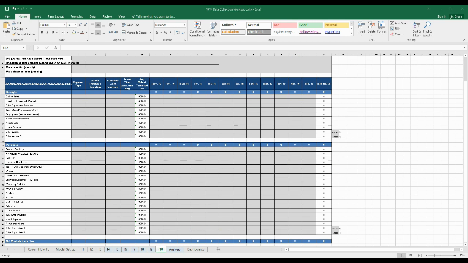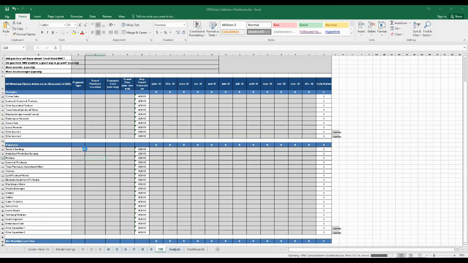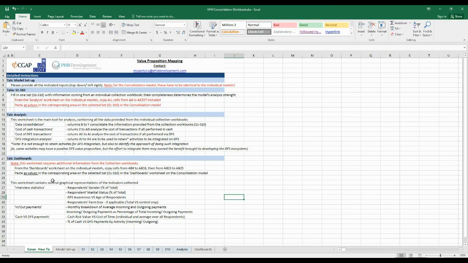So if we open up the consolidation workbook, the first thing to do is to look at the instructions on the cover page. The first tab here we see in red. It's important that the information in the model setup is the same for all the different data collection sheets that you're using.